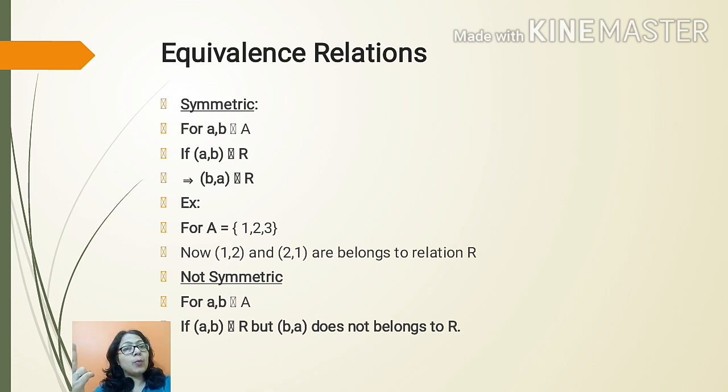Suppose (1,2) is present in A cross A for A equal to {1, 2, 3}, and (2,1) is also there. That means the relation is symmetric.